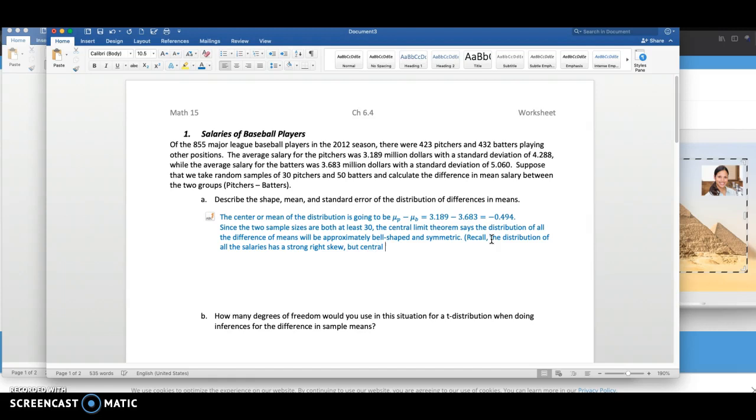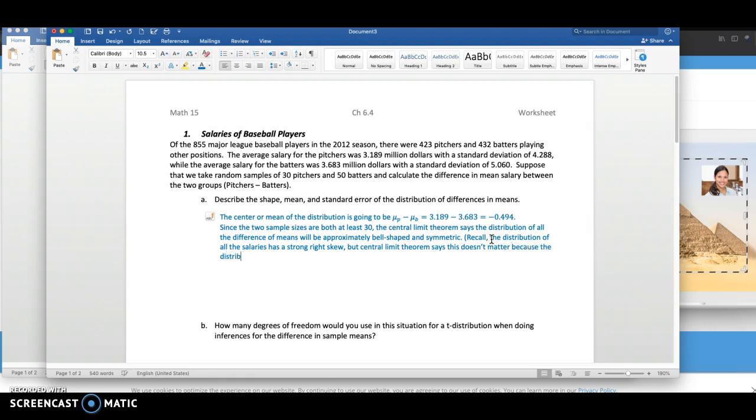The central limit theorem says this doesn't matter because the distribution of all the samples will be approximately normal. That's that bell-shaped and symmetric. All right, I guess kind of the power of central limit theorem.